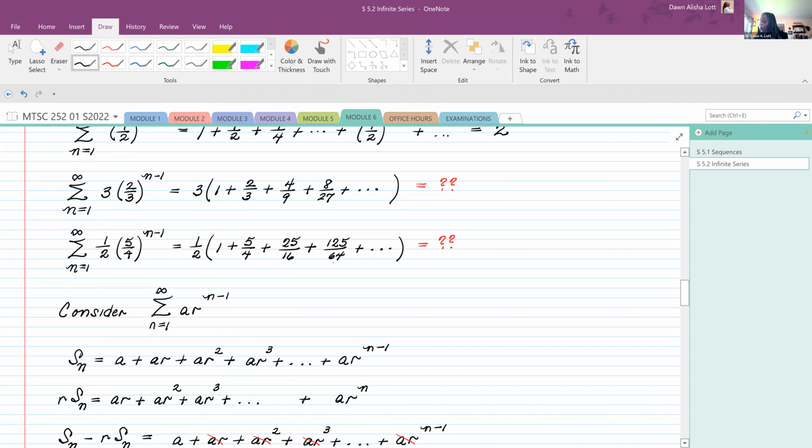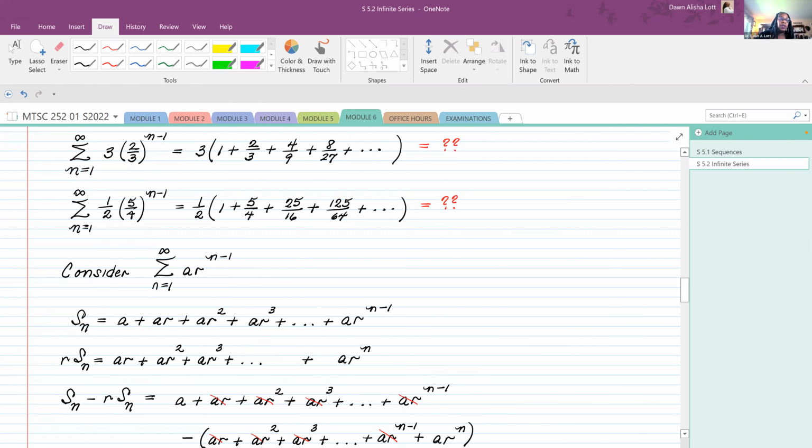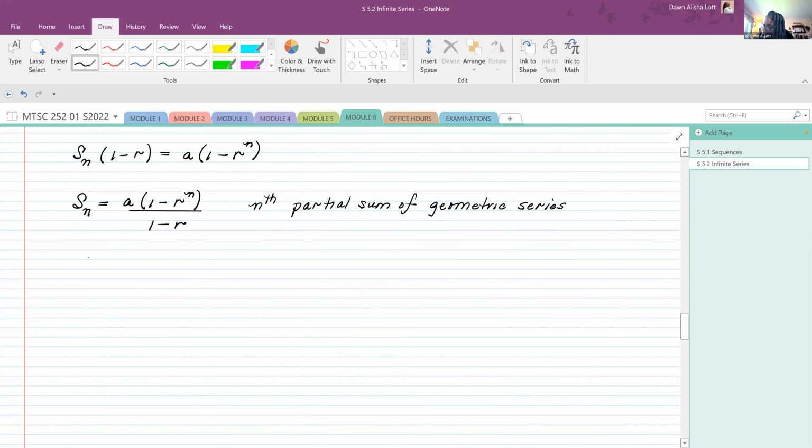This is getting closer. That is over 2. These numbers are growing. So we know if the absolute value of R is less than 1, then R to the N will go to 0 as N goes to infinity.